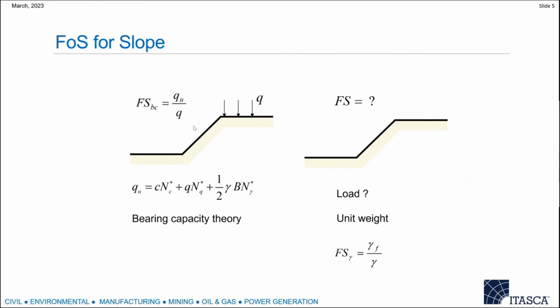This is another example, for slope stability analysis. In this case, we can also define the factor of safety as the overcharge load Q over the acting Q. And we can also define the factor of safety, for example, as a unit weight ratio.